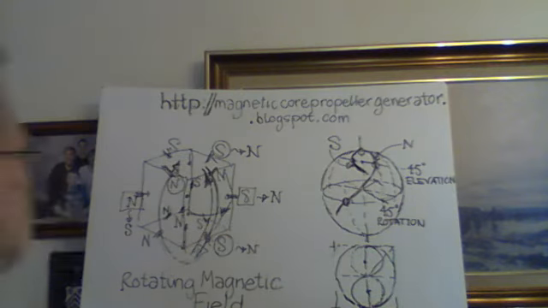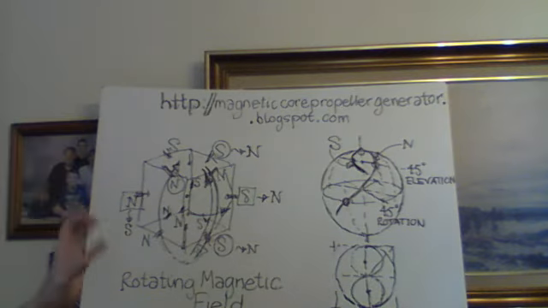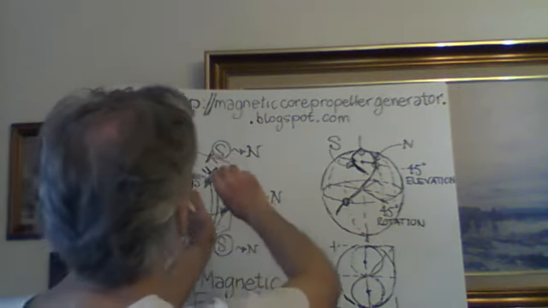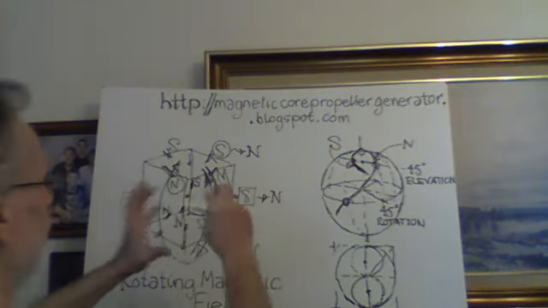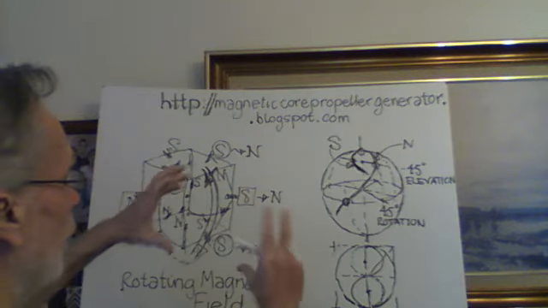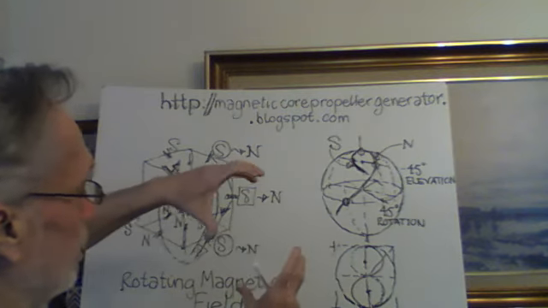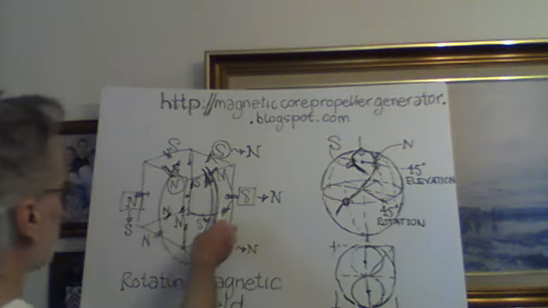So you can imagine that during the effect of rotation, there will be a rotation in the actual obliquity of whatever resultant is induced in the copper winding.